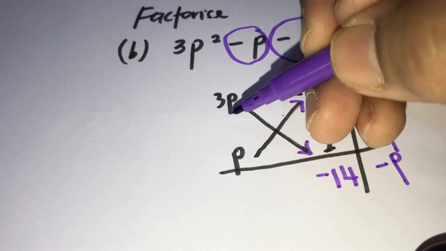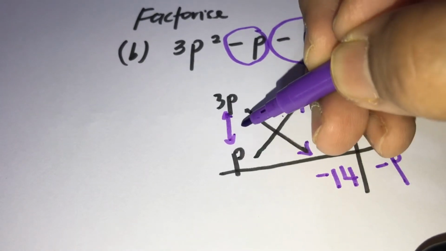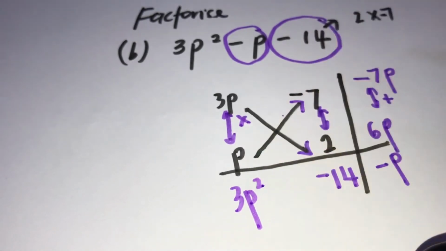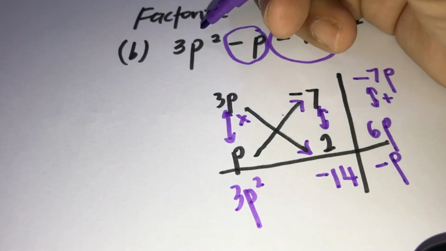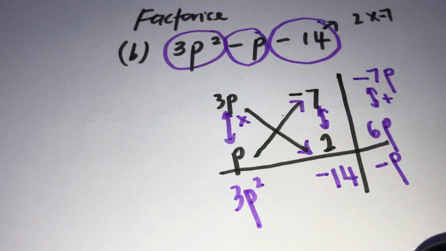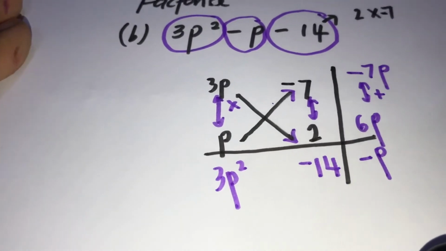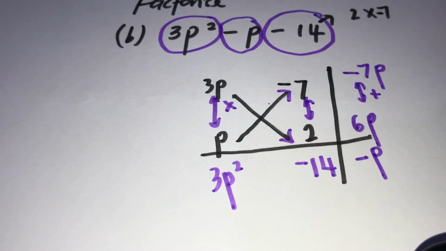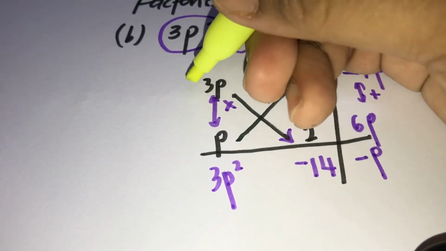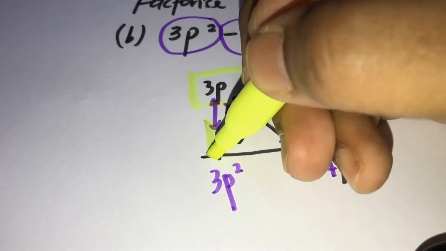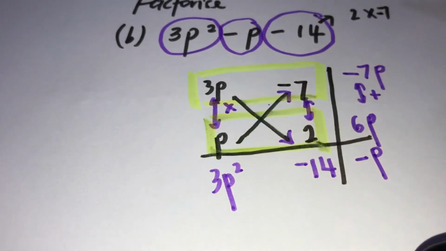And then 3p times p, you get 3p square. Same here, 3p square. Now correct. Then your answer here is 3p minus 7 times p plus 2.